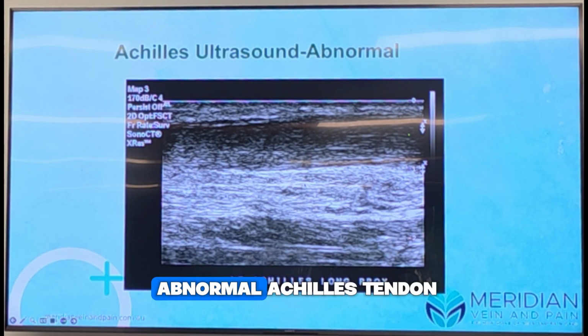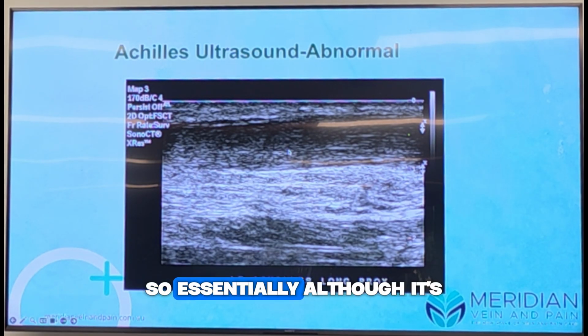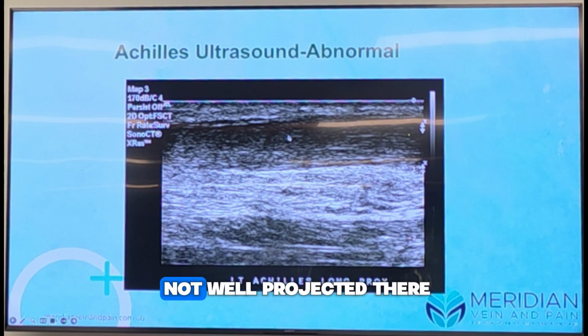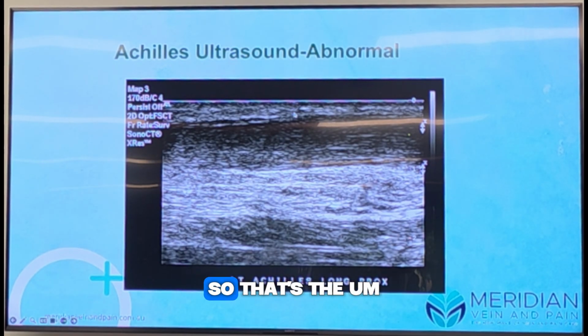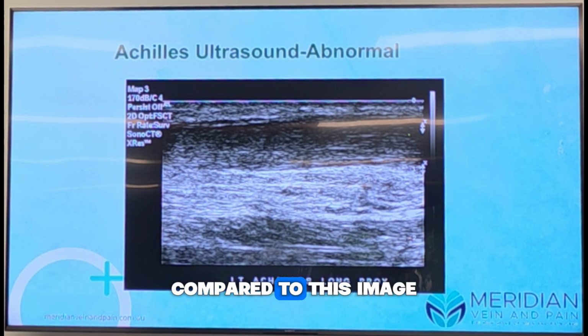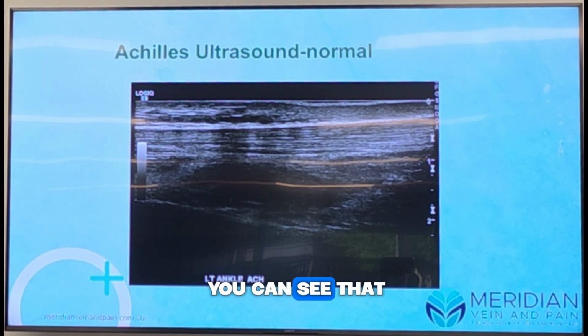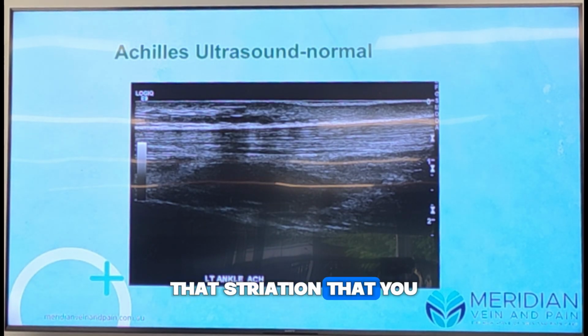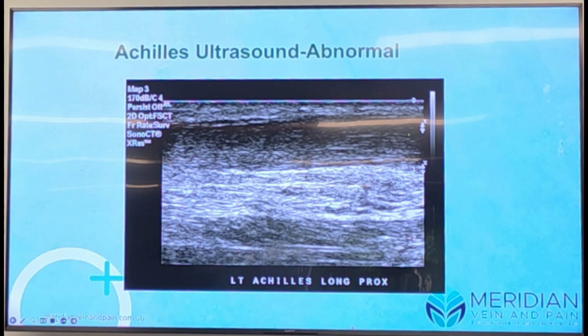And this is an abnormal Achilles tendon. So essentially, although it's not well projected there, so that's the fat there. You can see how heterogeneous it is compared to this image. You can see that striation that you can see in the normal one is absent there.